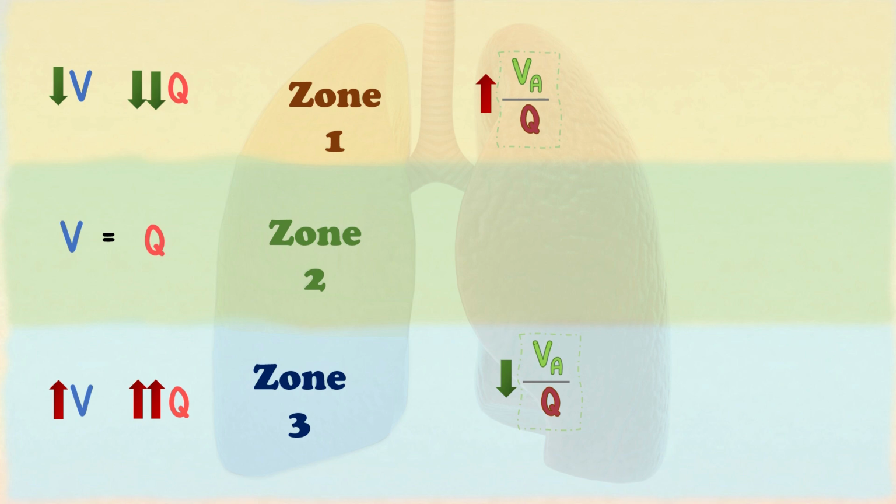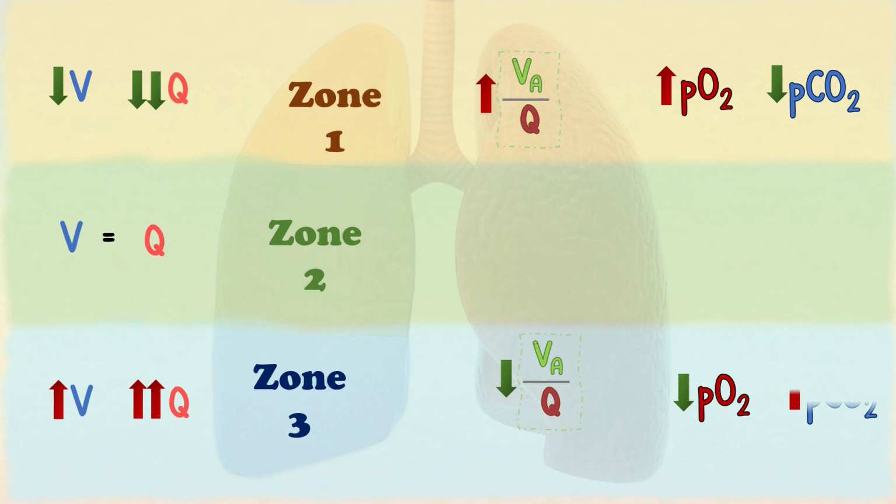So, gaseous exchange, being more efficient in the apex, causes an increased partial pressure of oxygen there, while a lower partial pressure of carbon dioxide. In contrast, at the base of the lung, gaseous exchange is less efficient. Partial pressure of oxygen is low, and partial pressure of carbon dioxide is high.